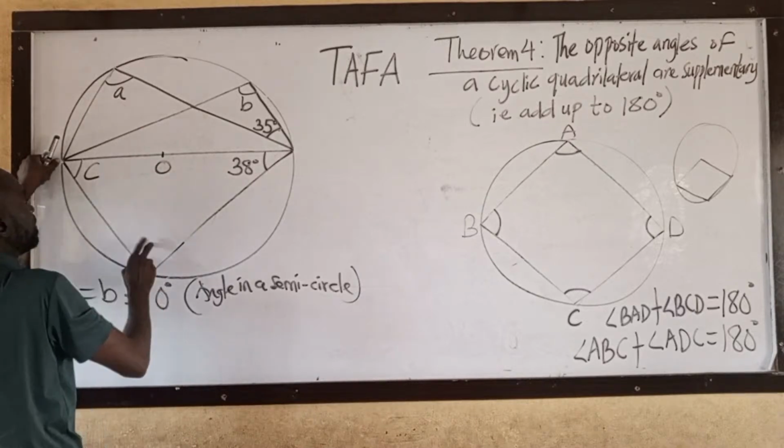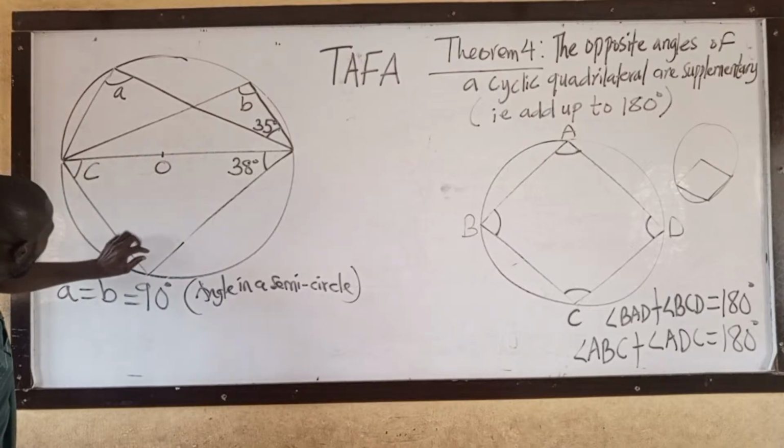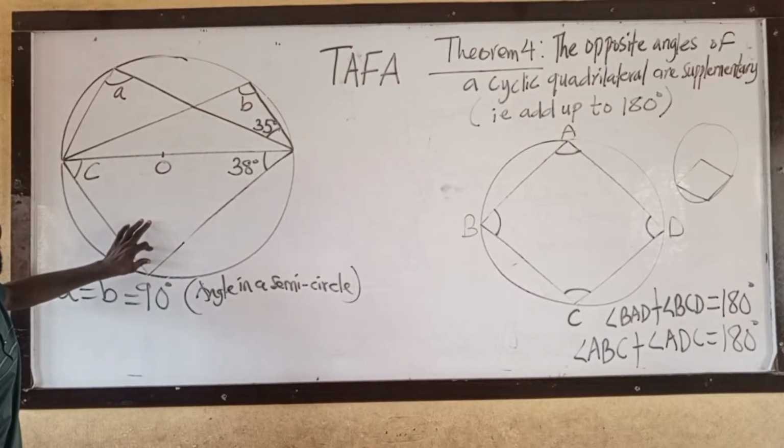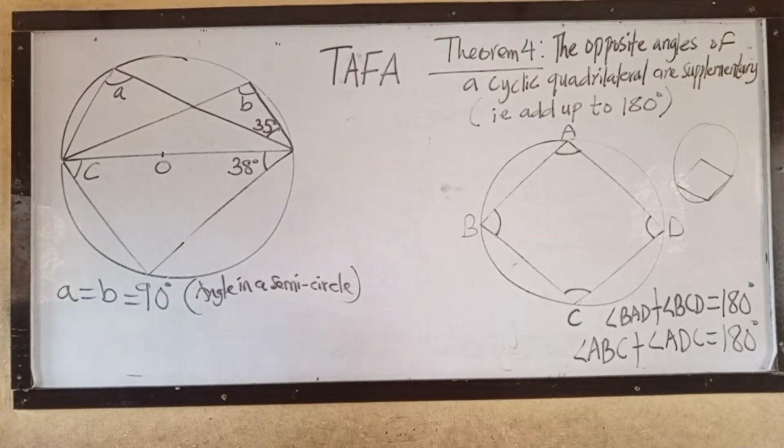This and this, opposite sides of a cyclic quadrilateral. Is it clear? So look at this, A and what is here? Opposite sides of the cyclic quadrilateral. Can I clear that thing out?